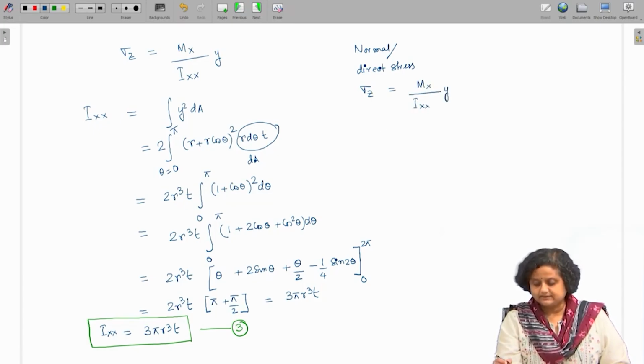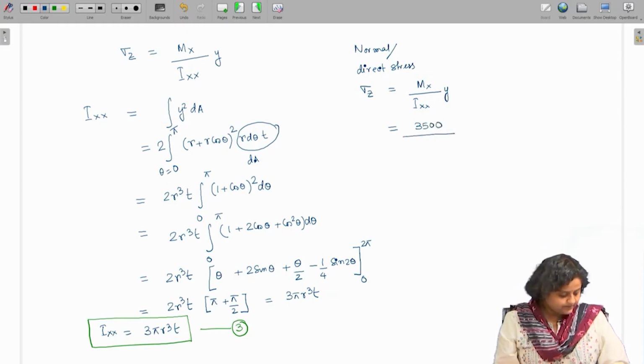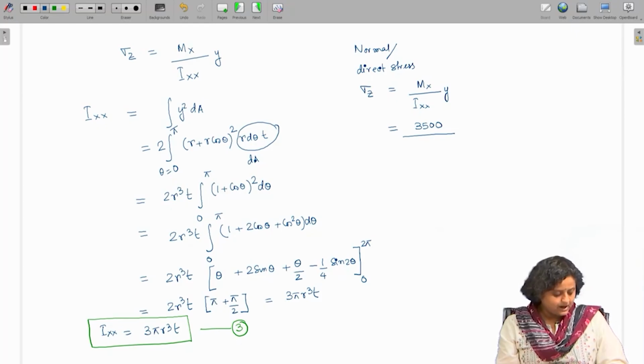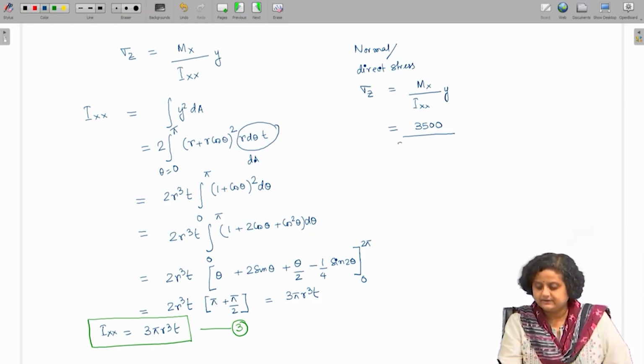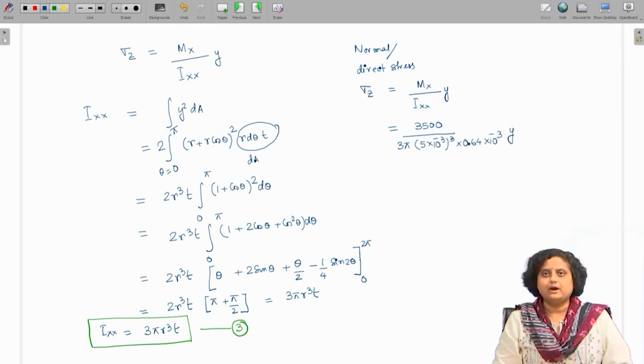So, Mx is going to be 3500, and if we substitute the value of r and t, we get this as 3 pi r cube, which is 5 into 10 to the power minus 3 meter whole cube into t, which is 0.64 into 10 to the power minus 3, multiplied by y.